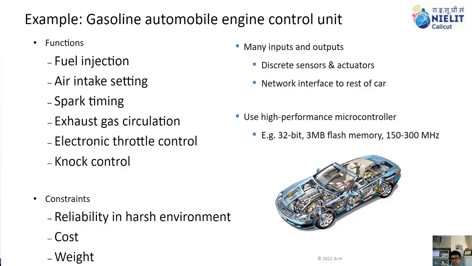When you are adding sensors and actuators, it should not affect the total weight of the system. So design considerations need to be made if these constraints really affect the performance of that particular automobile vehicle. So these are certain constraints.